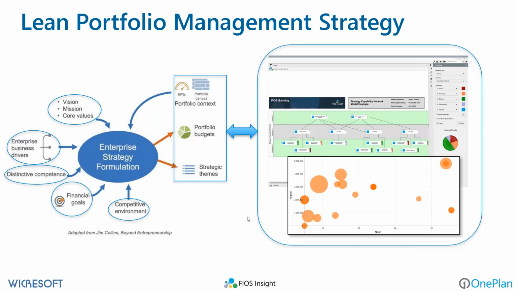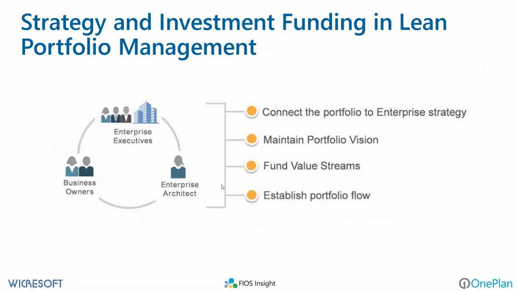On the right here, I'm showing elements that you could be managing by having defined a more formal business architecture. It is really the first element in defining or aligning strategy to execution. Again, this is the first step in trying to get to the elements for lean portfolio management. The second element of this is really the strategy and investment funding, which is a core element of lean portfolio management.